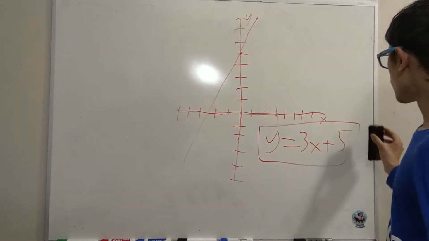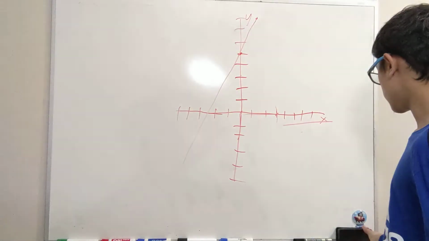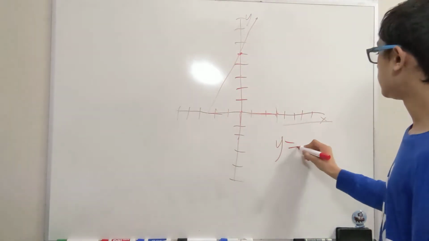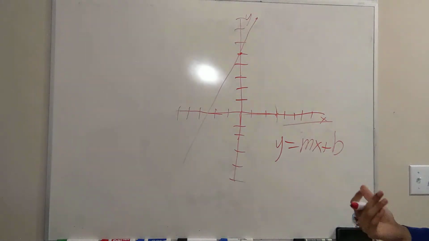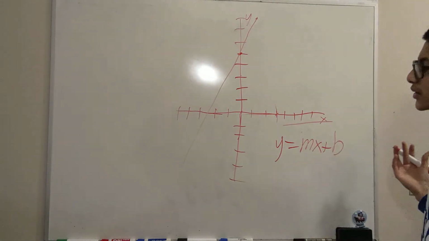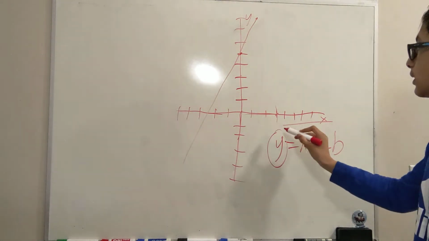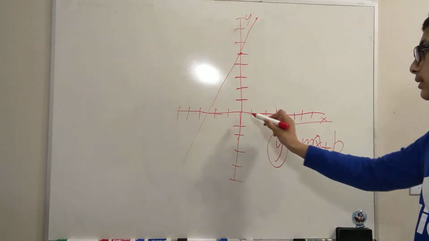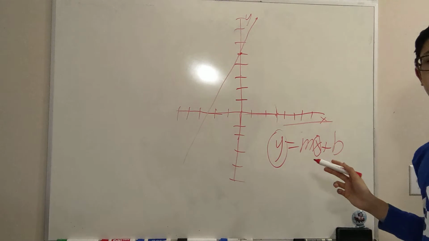So how do we normally write linear equations? We normally write equations in the form y equals mx plus b. Now it's really confusing. What do all of these mean? Well, y is the y coordinate, x is the x coordinate, but what are m and b?